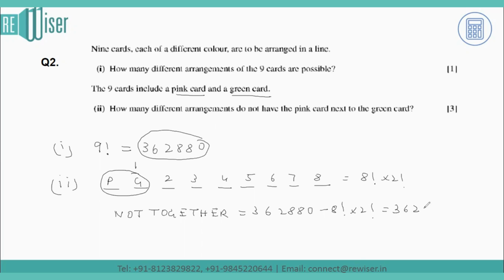We'll write 362,880 minus 8 factorial into 2 factorial, which is 80,640. So our answer for not together will be 282,240. This will be my answer for part 2. Thank you.